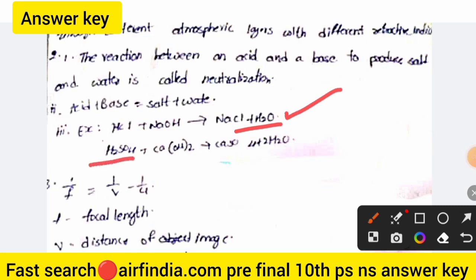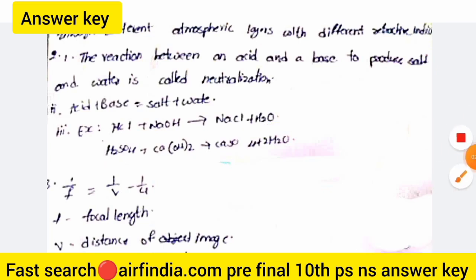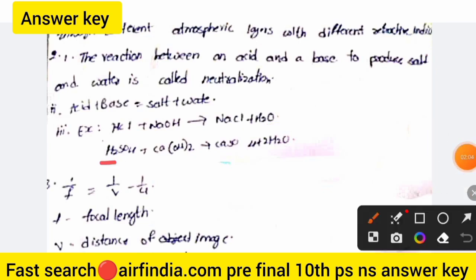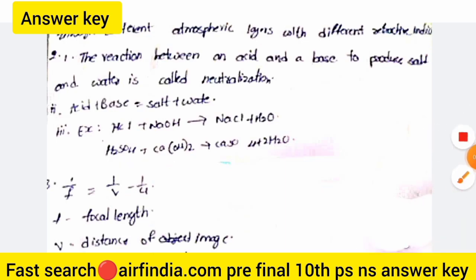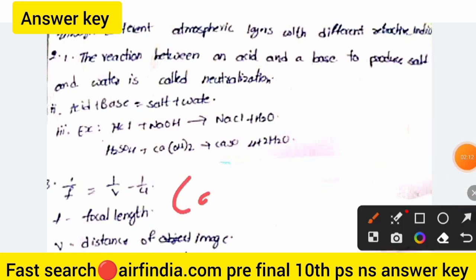And the next is H2SO4, which is an acid. It's sulfuric acid. And the base is Ca(OH)2, calcium hydroxide, with OH twice.